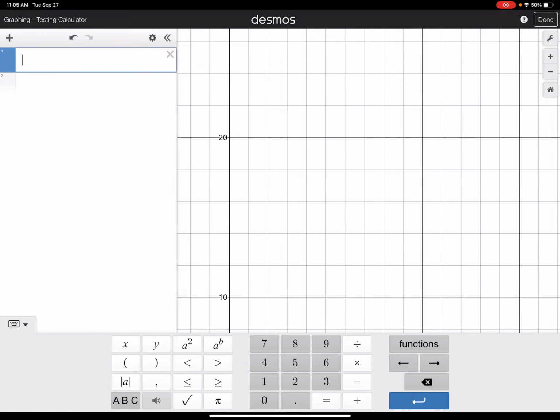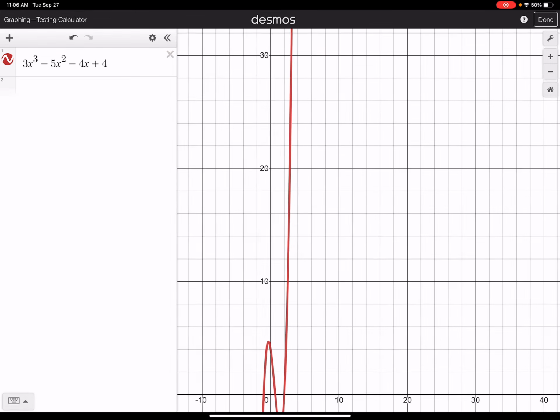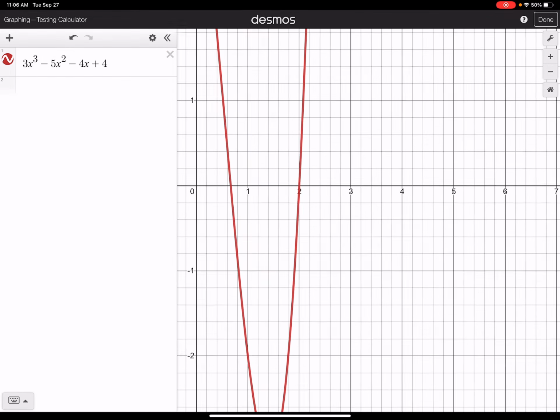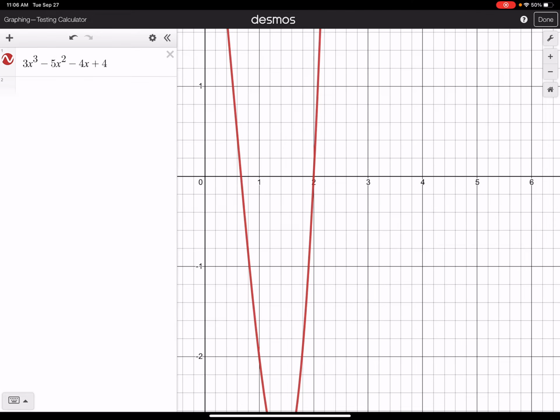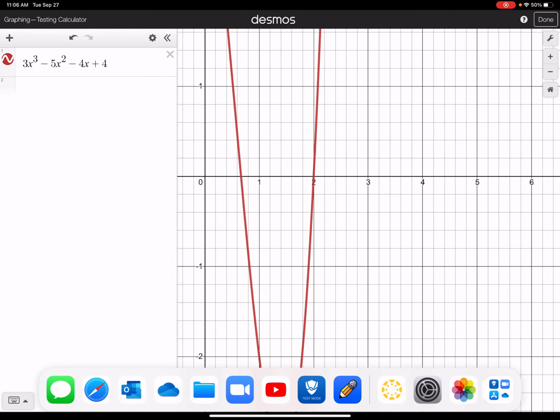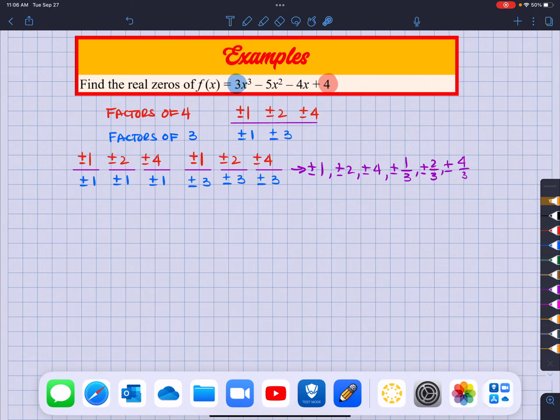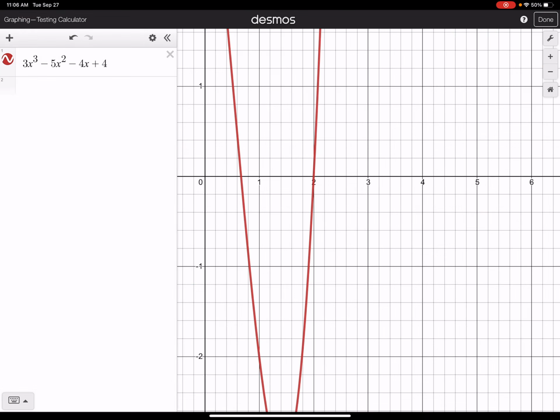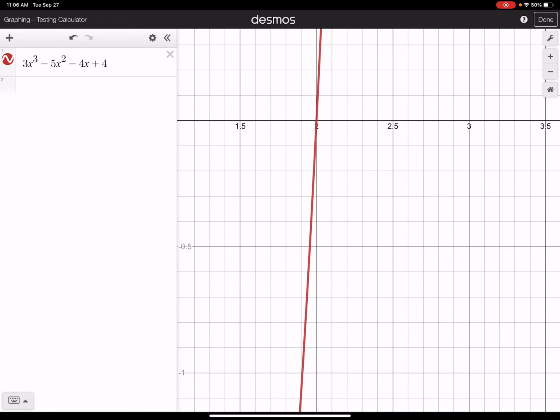That is 3x to the third minus 5x squared minus 4x plus 4. Okay, so over here I see that it crosses 2, right? I see it crosses 2.